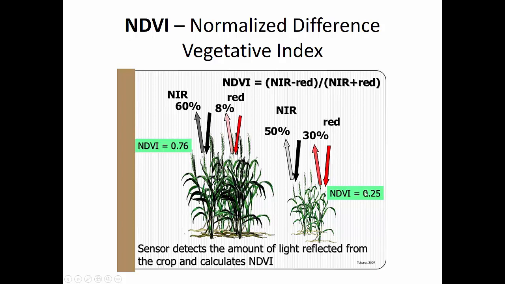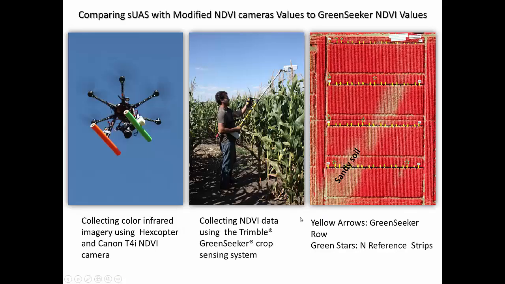The closer it gets to 0, the less healthy the plant is. The near infrared is more related to biomass, and the red is related to the color of the chlorophyll in the case of a green plant that's out there.